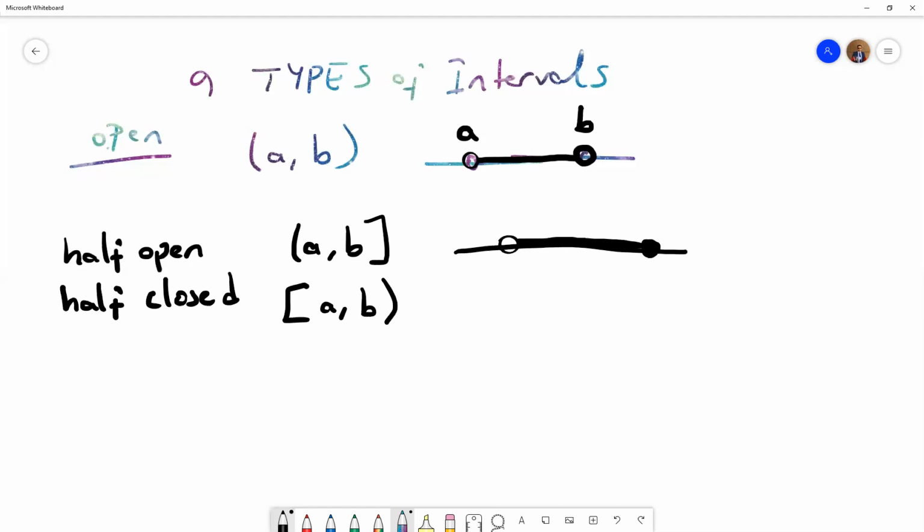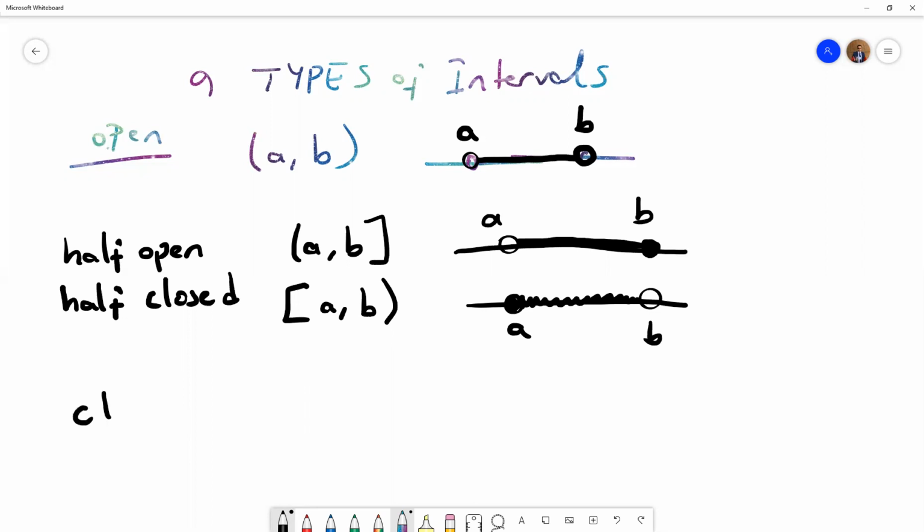So we find like that, and this one is A and B here. So we have this interval, and you see A is closed, so here like that, A, B. This is half open and half closed.